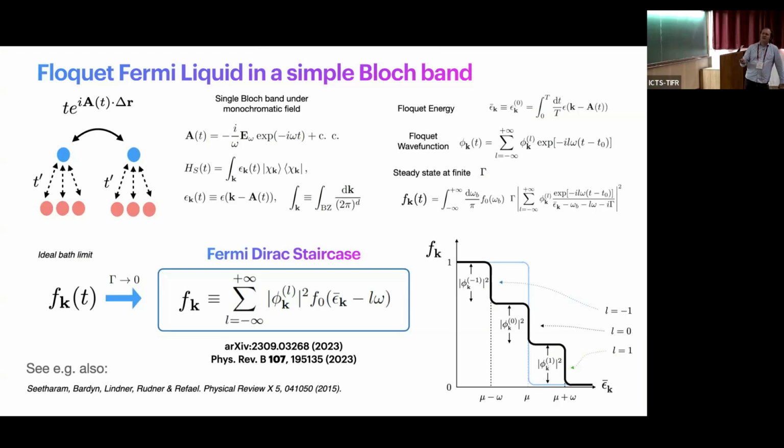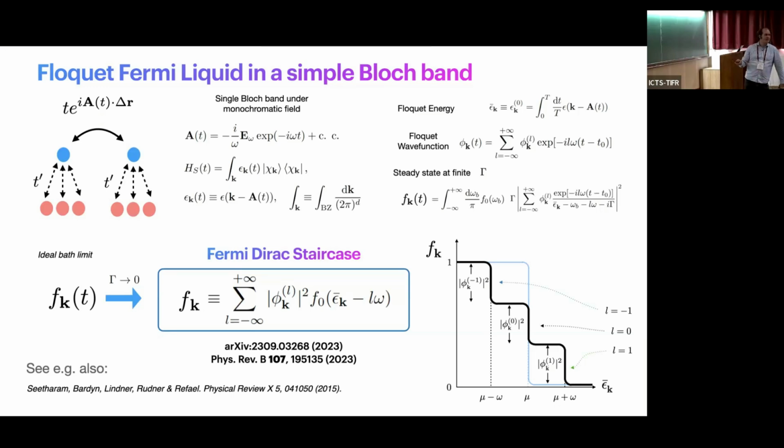So now imagine, for simplicity, I have the simplest ever band. It's just one state per unit cell, no Berry phases, and we're just doing Peierls substitution for some electric field that is driving you. Some monochromatic electric field with some frequency omega. So the only thing that you're doing is really shaking the crystal momenta with this vector potential.